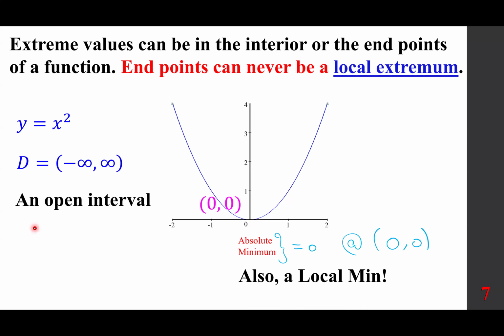We don't have an absolute maximum. We don't have a local maximum, nothing. So this is a local as well as absolute minimum. And in general, min and max, they refer to the y coordinate of the function.